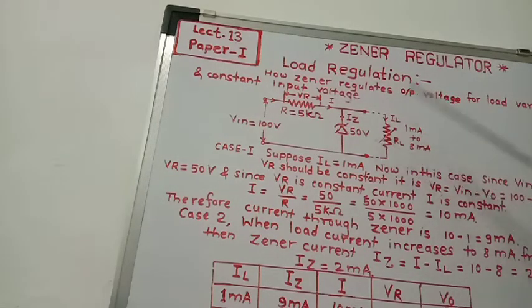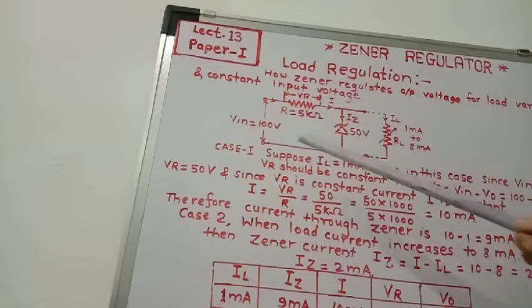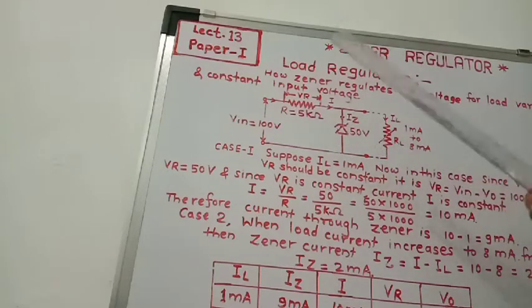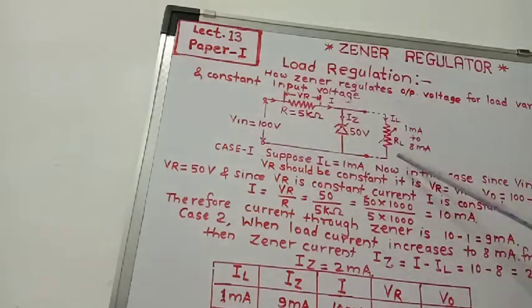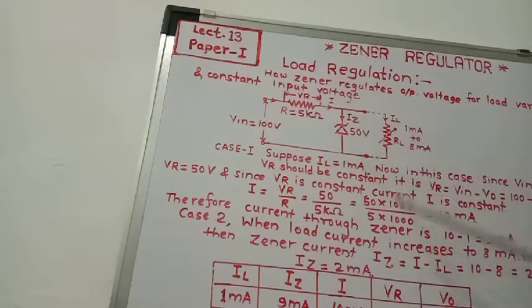When the load current is set to 8 milliampere, 10 minus 8 gives IZ of 2 milliampere. And VR is equal to 50 volt because VR is equal to VI minus VO. Since VZ is 50 volt, VO is also 50 volt, so 100 minus 50 is 50 volt.